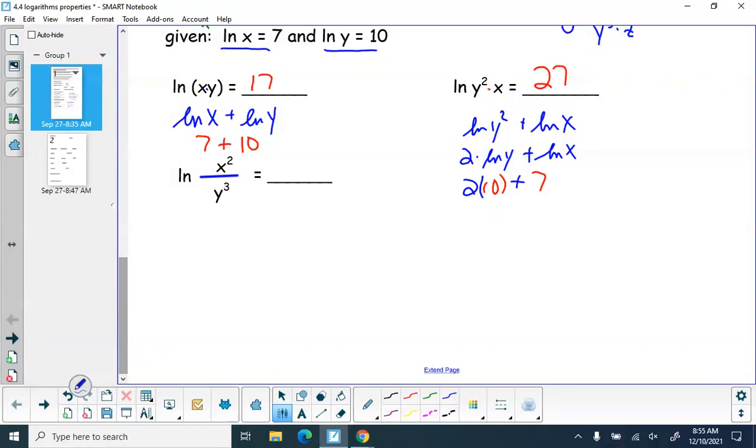What can you do with your exponent? And then make your substitutions.